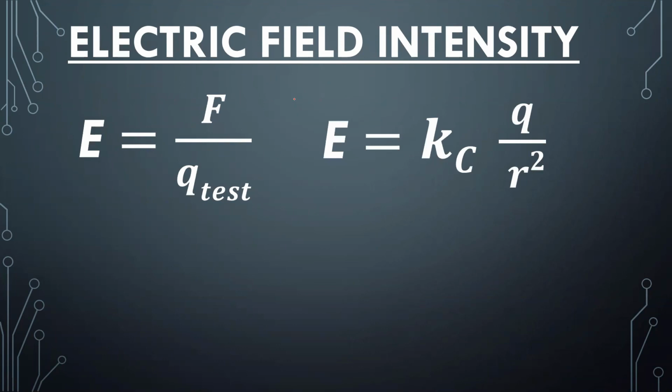First, E, the electric field, is equal to the force divided by the positive test charge. Then E is equal to the constant times the charge of the particle divided by the square of its distance.